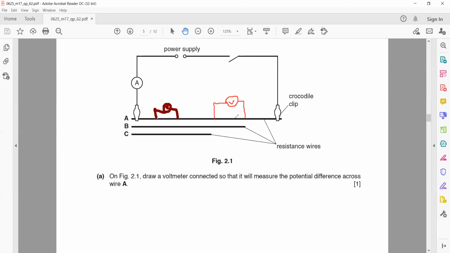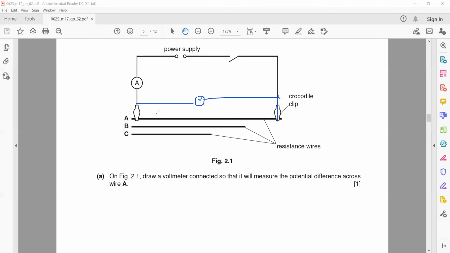A voltmeter is in parallel, that's true, but if you connect a voltmeter on these ends, it will not give us the total voltage, it will only give the voltage drop in this part. We want the total voltage across. So you can connect it parallel to this whole wire.